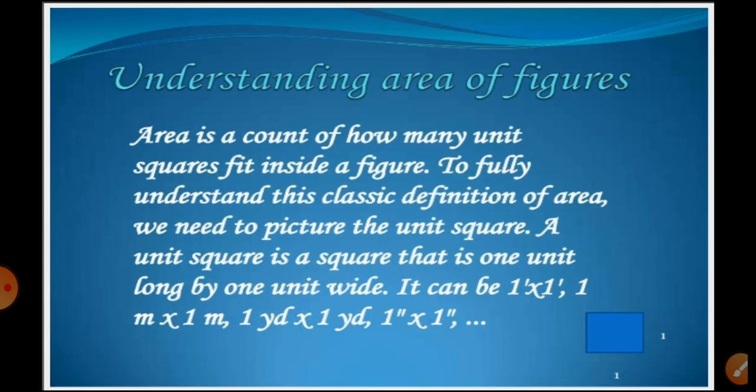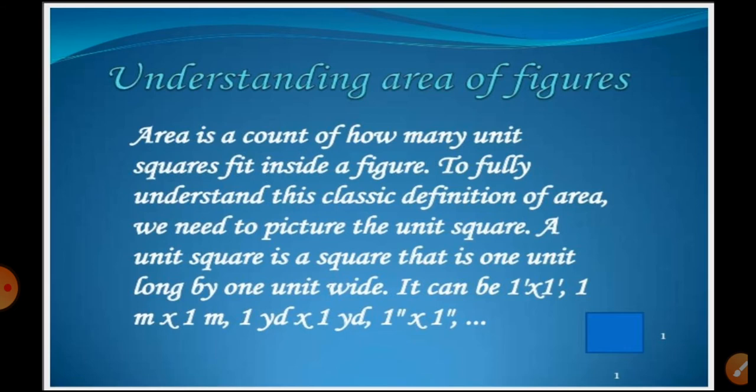Understanding area of figures. Area is a count of how many unit squares fit inside a figure. To fully understand this classic definition of area, we need to picture the unit square. A unit square is a square that is 1 unit long by 1 unit wide.